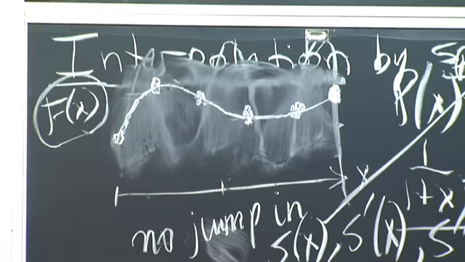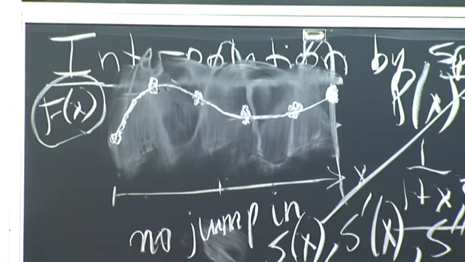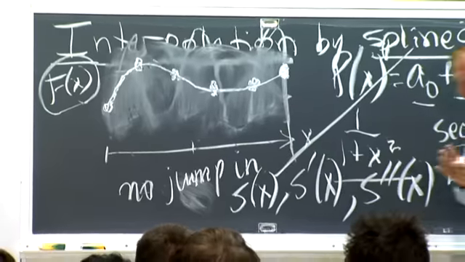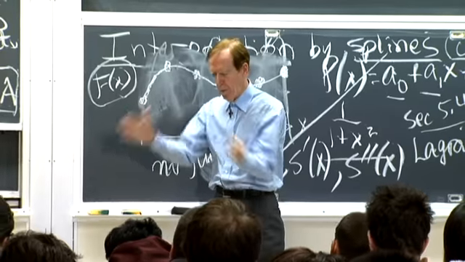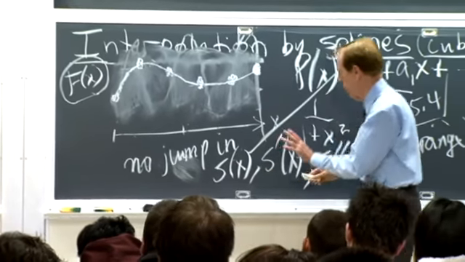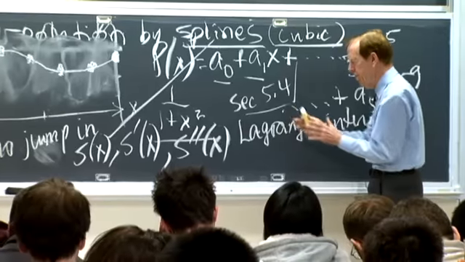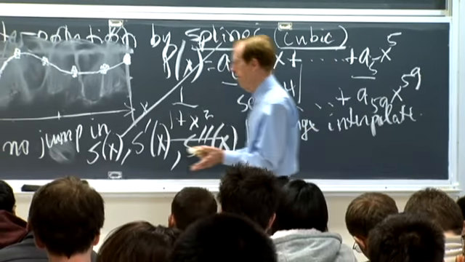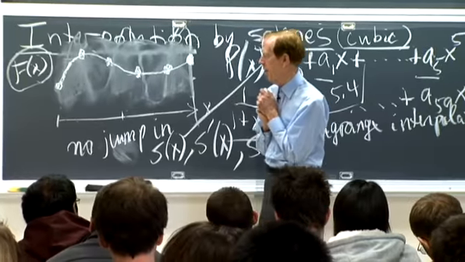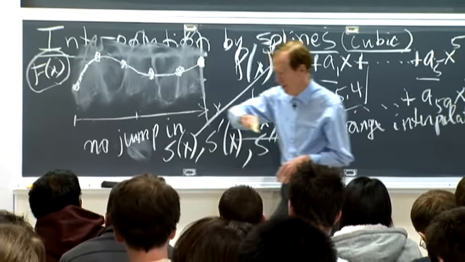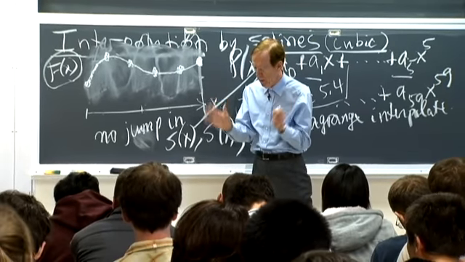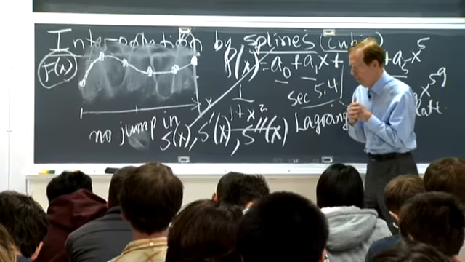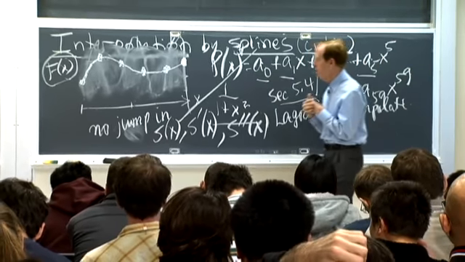Actually, have you ever seen this word spline before? It came out of naval engineering. When people were designing the shape of the ship, a naval architect was fitting the proposed shape of a ship, this was before MATLAB, before life started.